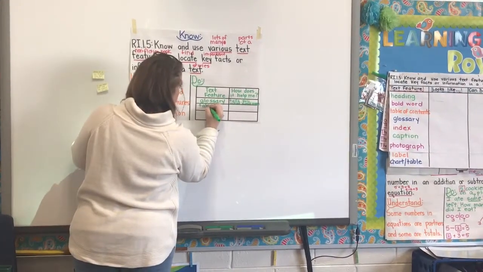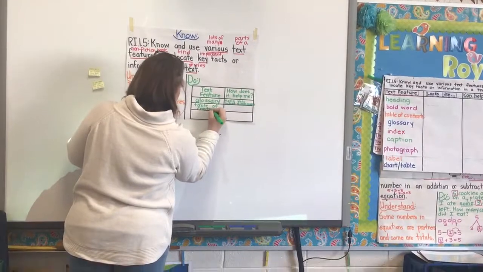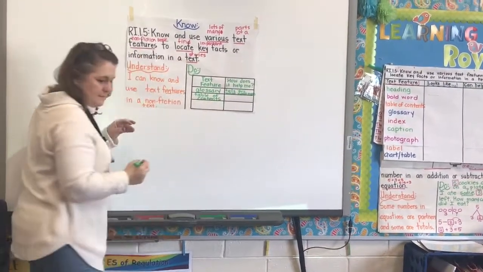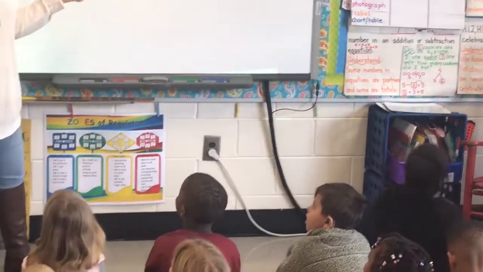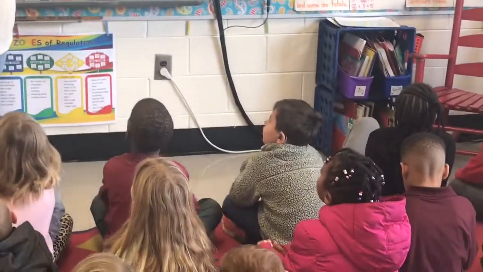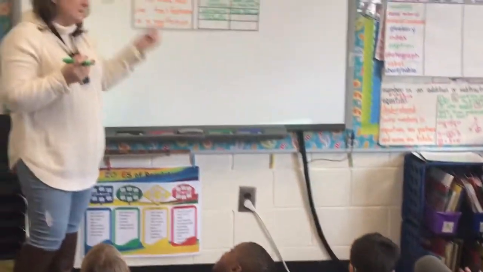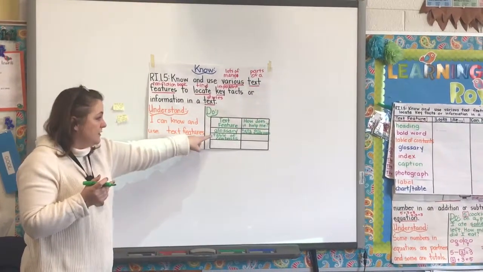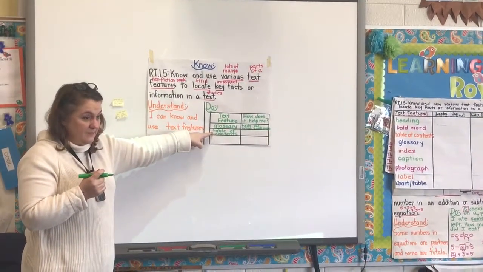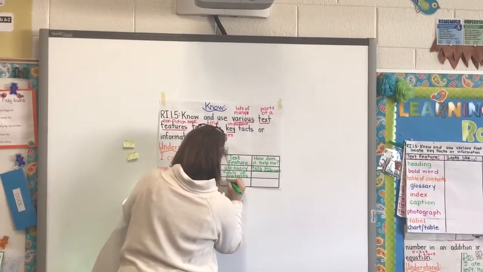It helps you know that you can skip around to any page that you want to. You can read it in any order if you use your table of contents. If you want to know just about one specific thing, you can skip to just that page and read about it, and you can use what? Your table of contents to know that, right? What about bold words? Is that a text feature?